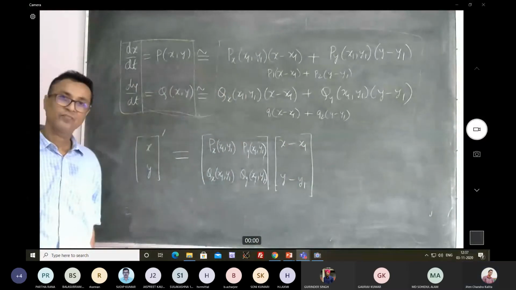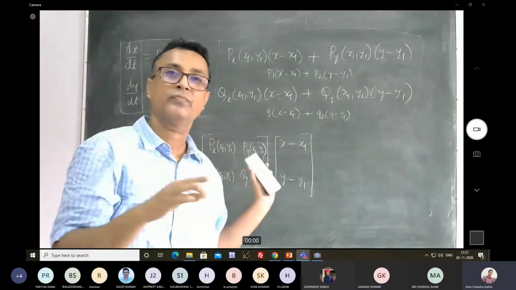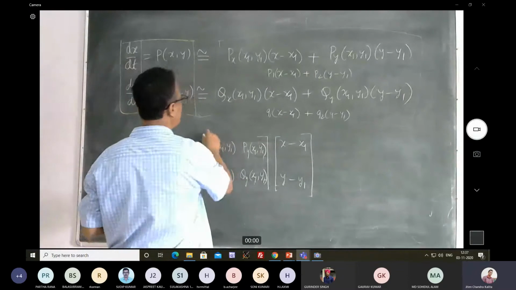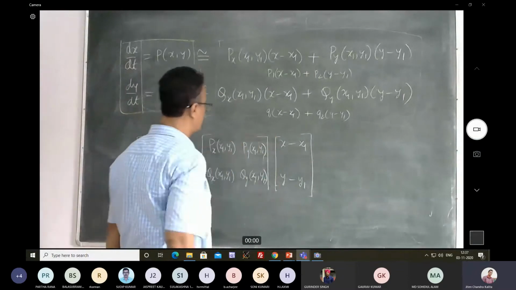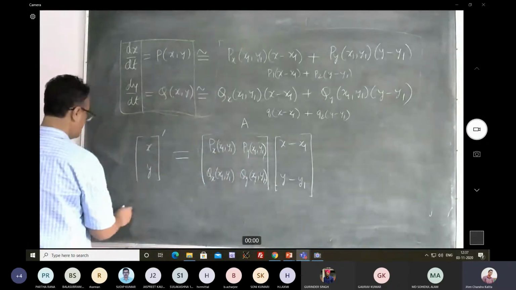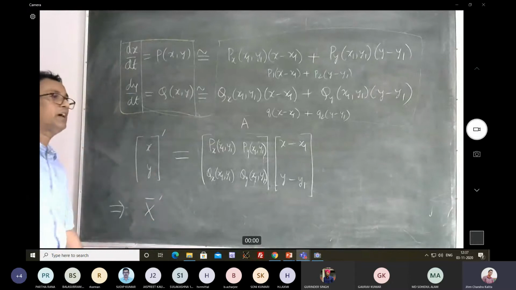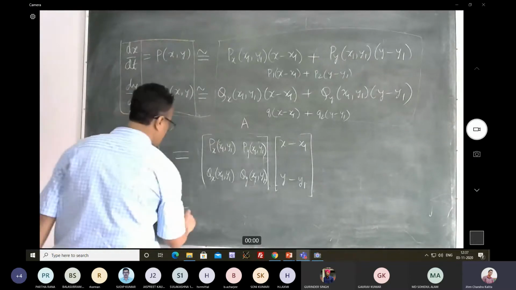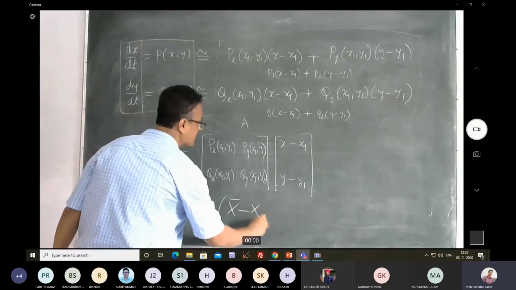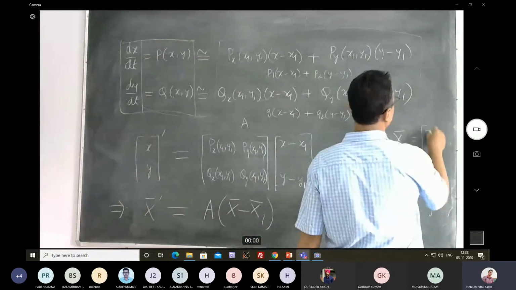Is it okay? Fine. Till now you have understood, right? Yes, sir. Okay, fine. So now if I write down this matrix as, say, A, then this is simply x bar prime, and then this is A, and this is x bar minus x1 bar, where your x1 bar is nothing but this fixed point.